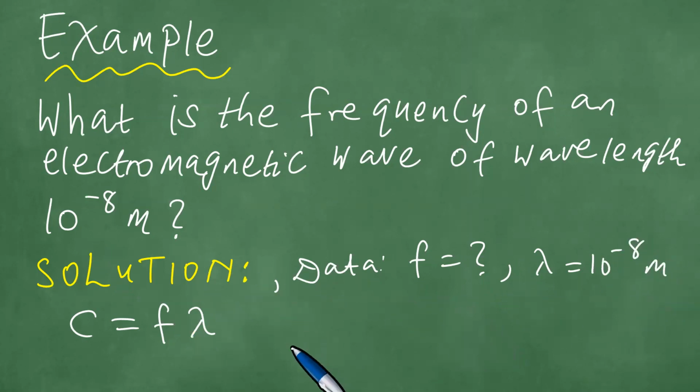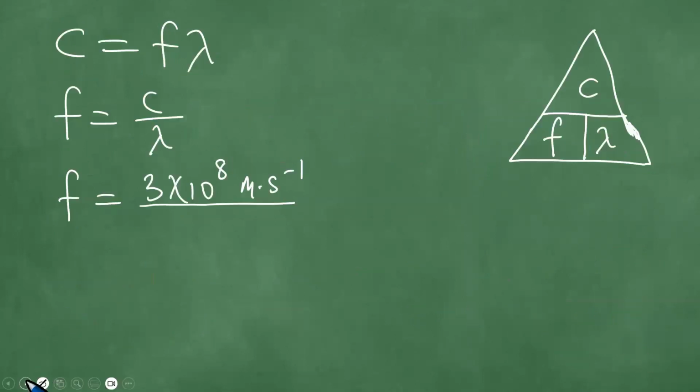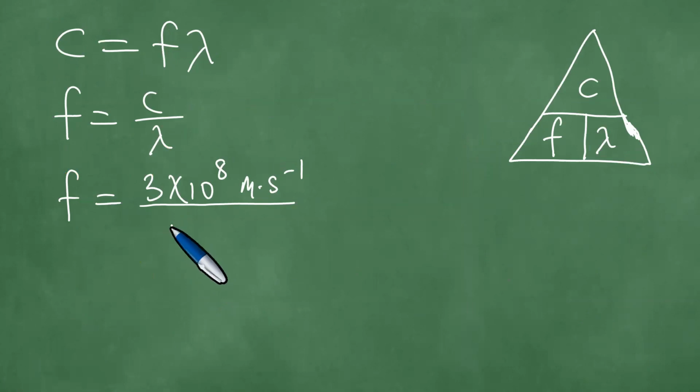So C is 3 times 10 to the 8th power meters per second. The wavelength, therefore, is 10 to the minus 8 meters. And therefore, we perform division.